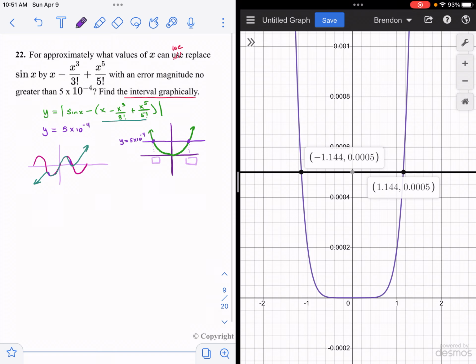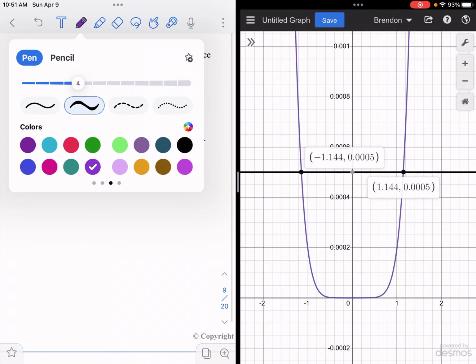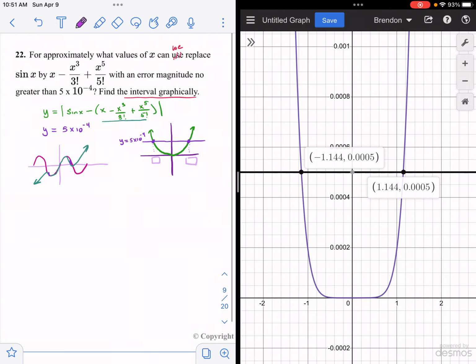The polynomial will return the same values as sine, not the exact same, but the error will be no more than 5 times 10 to the negative 4, so long as you're plugging in x values between negative 1.144 and 1.144. I think that's already rounded.